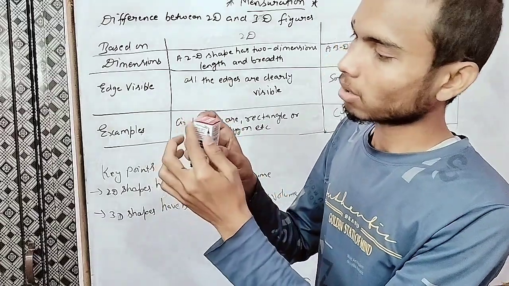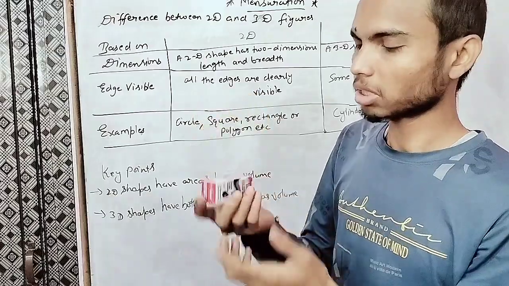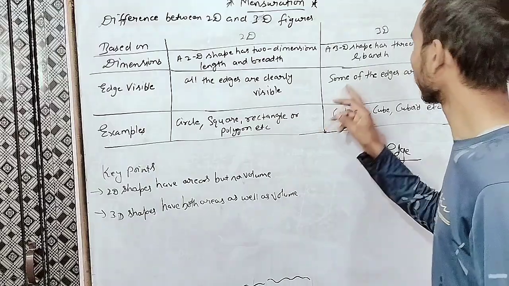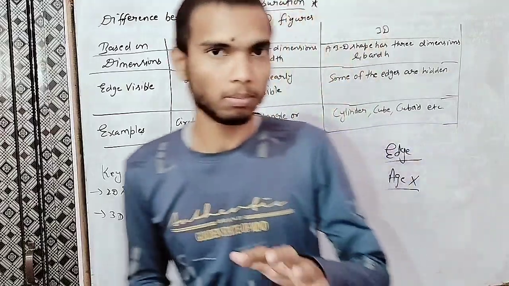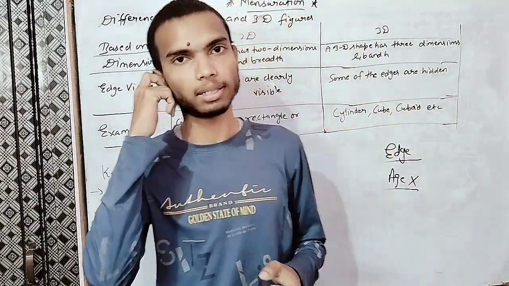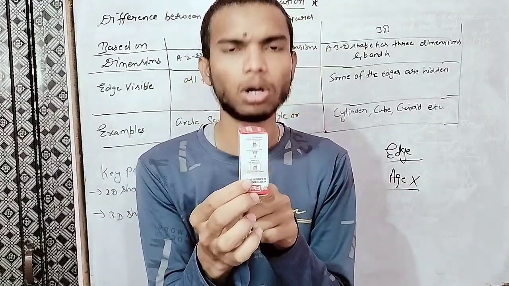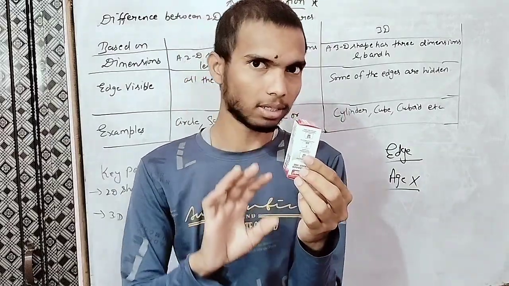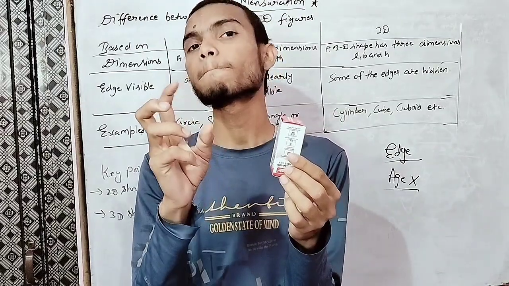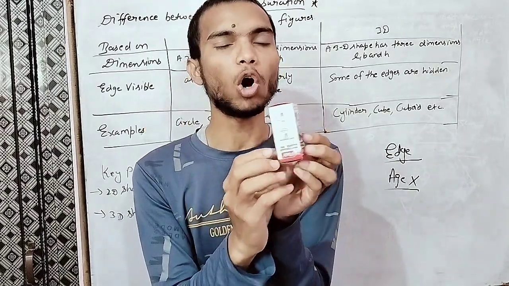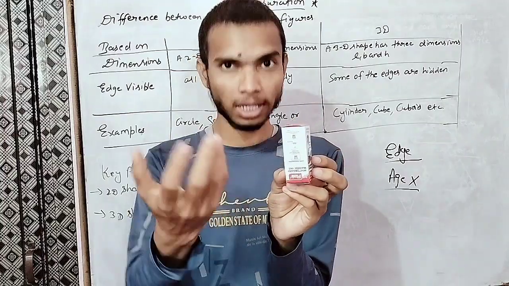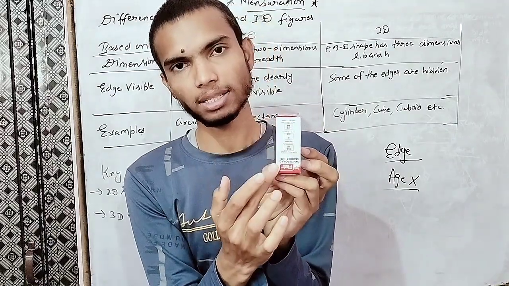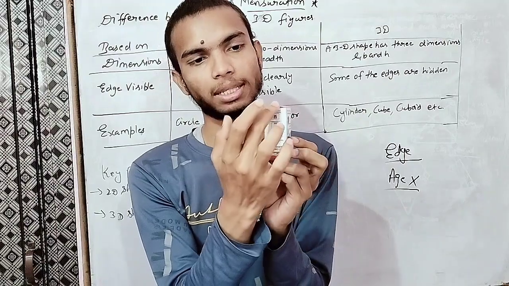About edges we are already clear. So we were talking about how some of the edges are hidden in a 3D shape. This is a shape of a 3D object. Now let's notice edges. How many edges can you notice of this 3D object? Of course, this is 1, 2, 3 and 4.